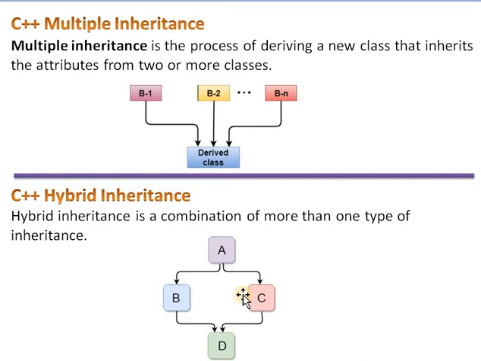So multiple types of inheritance occur in this situation, and this type is called hybrid inheritance. That means hybrid inheritance is implemented by combining more than one type of inheritance. For example, this example combines the hierarchical inheritance, multiple inheritance, etc. In short, hybrid inheritance combines more than one type of inheritance.